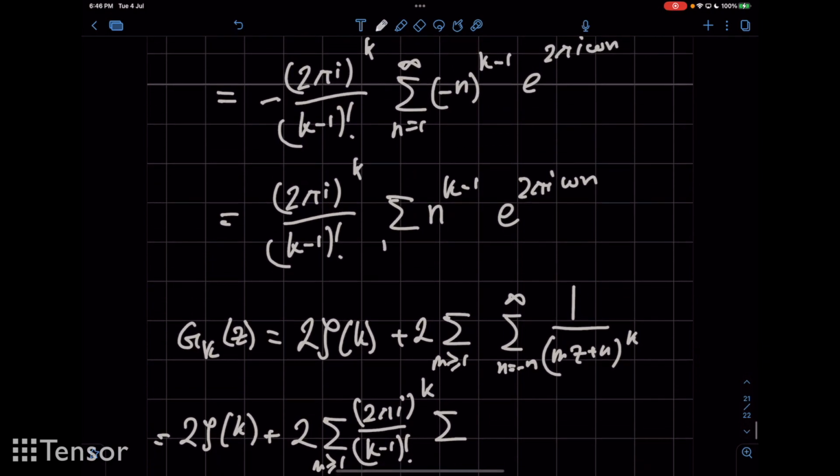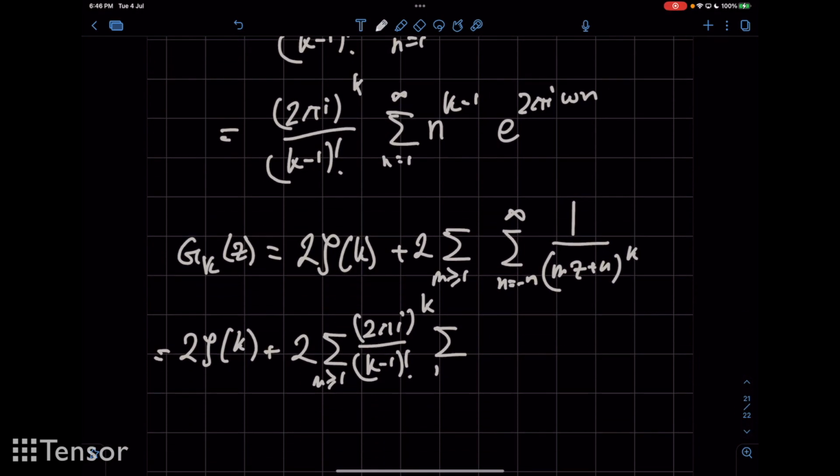This sum is over n greater than 1, n to the k minus 1, e to the 2 pi i n w, and w is mz.